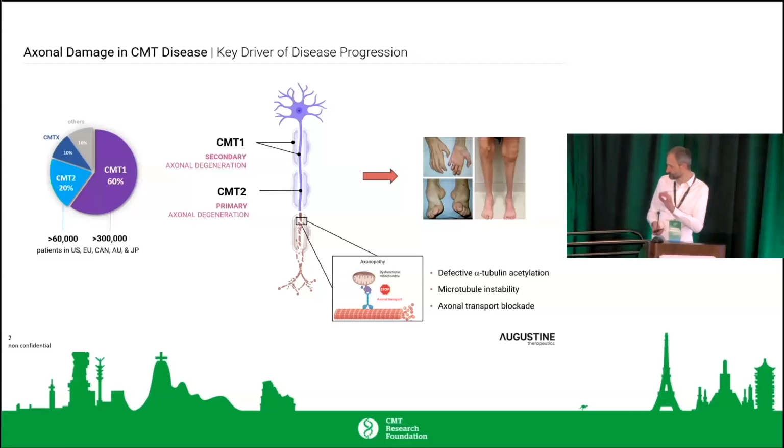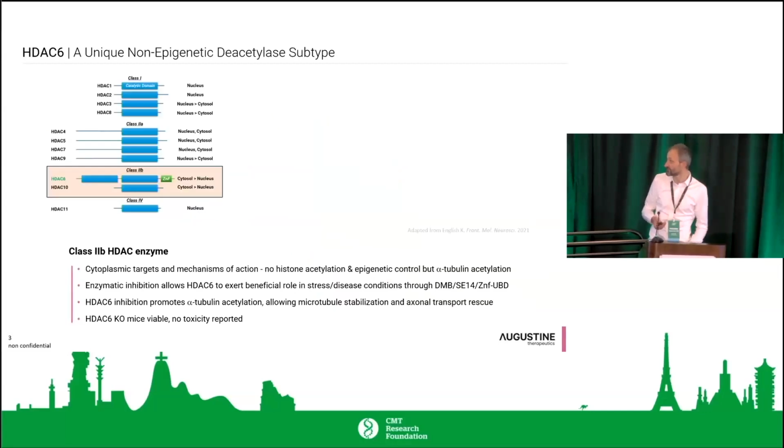Now, axonopathy as such is characterized by defective alpha-tubulin acetylation, microtubule instability, and the blockade of axonal transport. In comes HDAC6, which is, for all clarity, not an epigenetic histone deacetylase, but a cytosolic deacetylase.